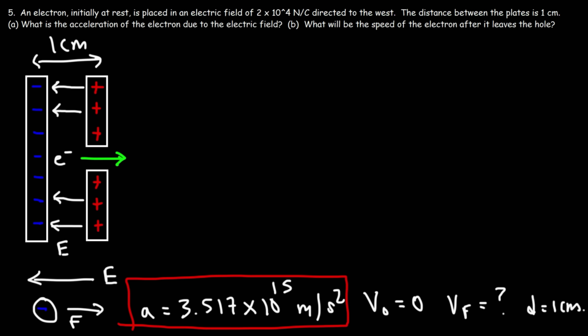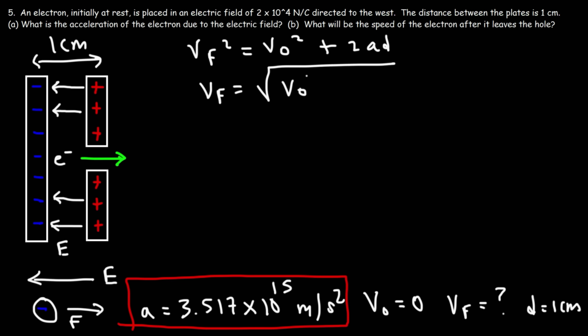So what kinematic formula has acceleration, V initial, V final, and D? It's going to be this one. V final squared is equal to V initial squared plus 2AD. So to solve for the final speed, we simply need to take the square root of both sides. So V final is equal to this.